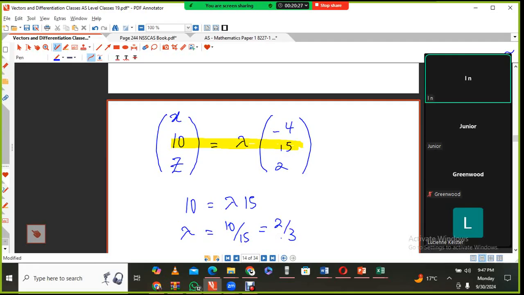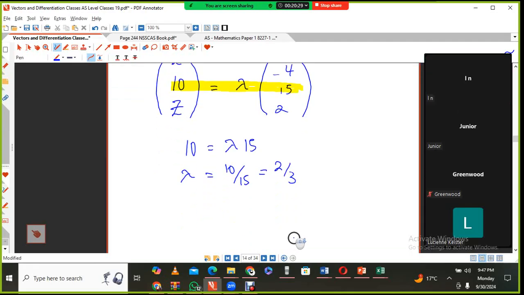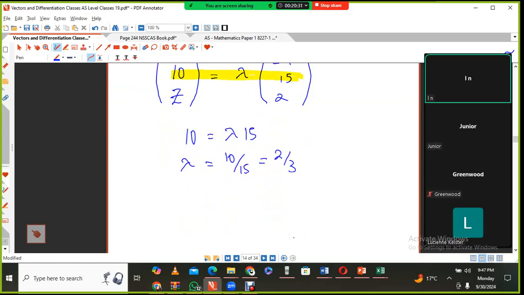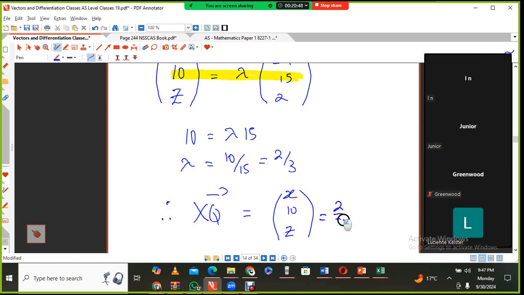Are we together? Yes. Therefore my XQ, which equals (X, 10, Z), will equal 2 over 3 times (-4, 15, 2).